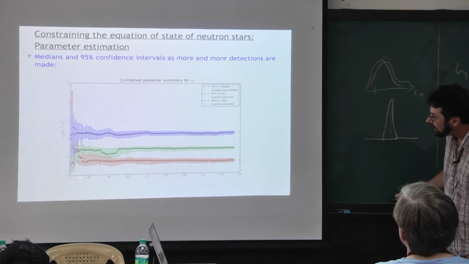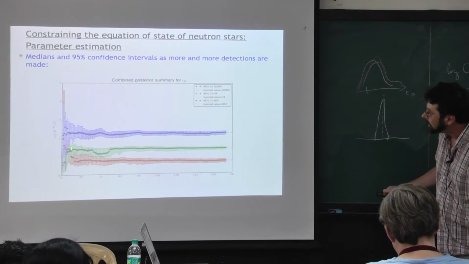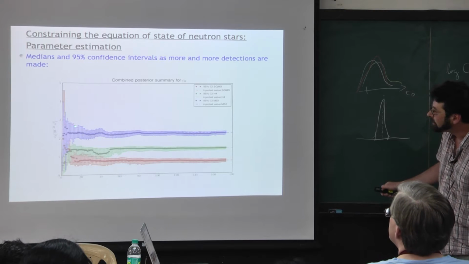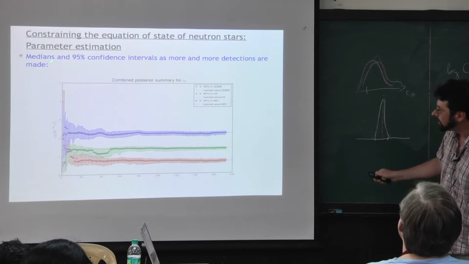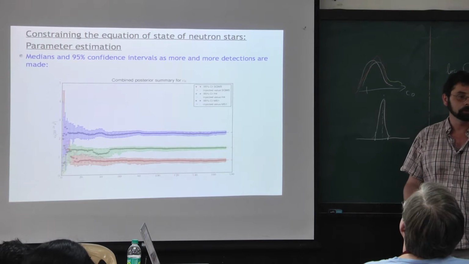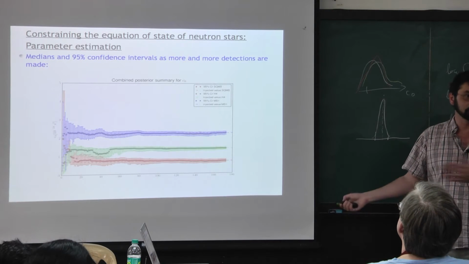Well, this is the result. So one detection would be way down here. Now, you see that with one detection, first of all, you have large biases, and also the 95% confidence intervals are huge. There is nothing you can do. Forget about it.